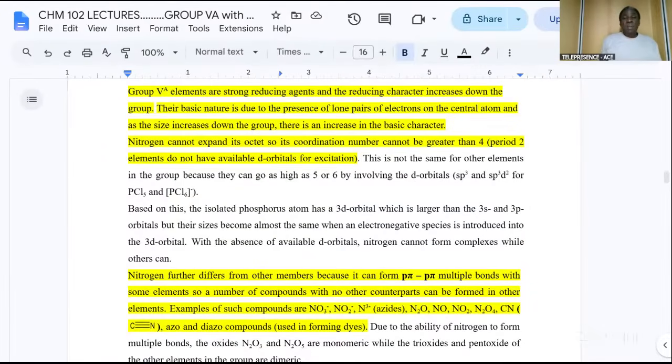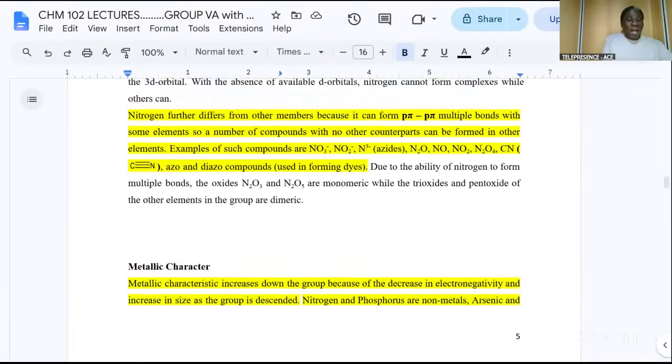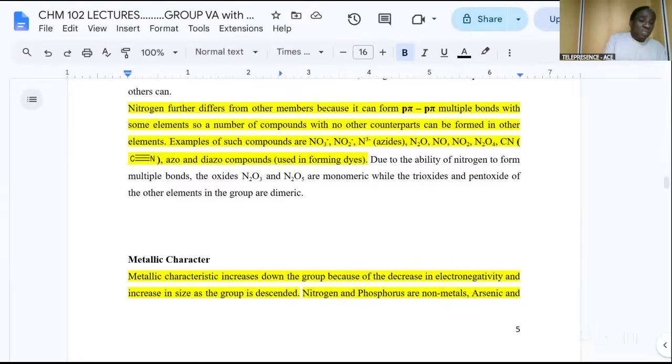That is because it is a period 3 element, and it can expand its octet into the d orbital. And every other member of the group should be able to do that as well, apart from nitrogen. You can see here that nitrogen differs from every member of the group because of the p-pi multiple bond that it exhibits with some elements. Now, take note of it.